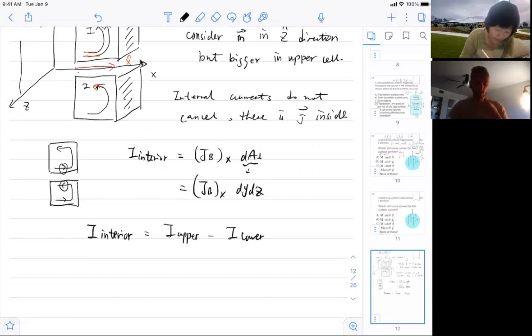Magnetization magnitude is equal to surface current K, where K is M cross n hat. In terms of the magnitude, they're equal. So magnetization is equal to K, and that is equal to current over the perpendicular length that the current is flowing through. So K can be written in terms of I over dL perp.